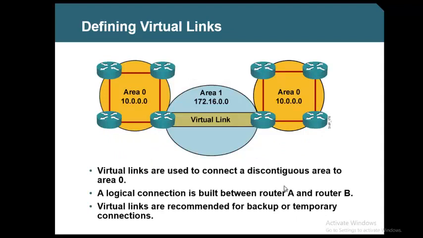Before we get into LSA types, it is also important to know about virtual link. A virtual link is a temporary connection that we establish between areas which are scattered like this. You see area 0 is scattered here and there. But for an autonomous system, you cannot have two area 0.